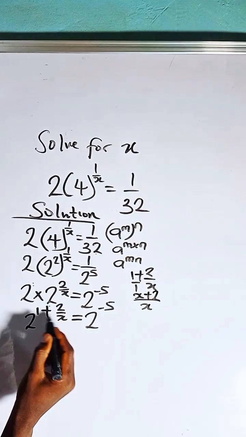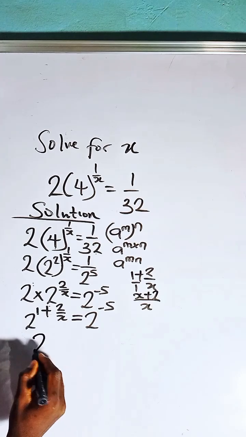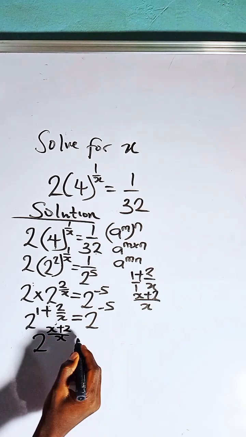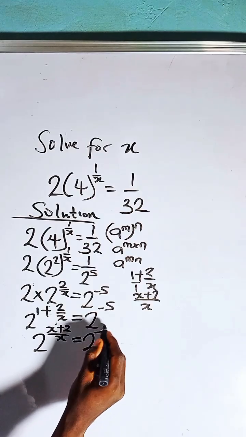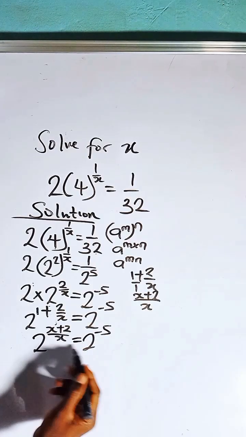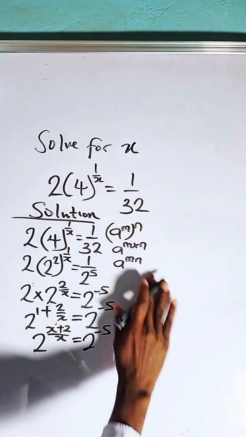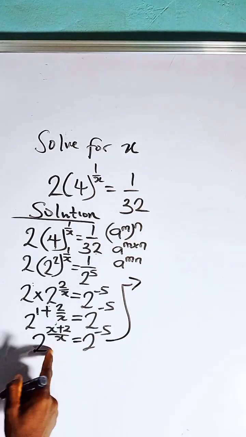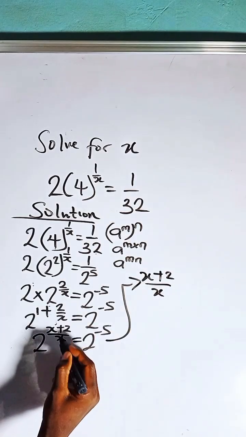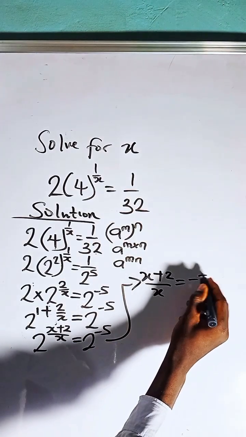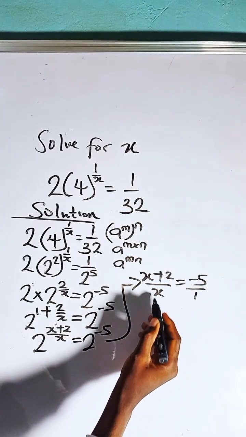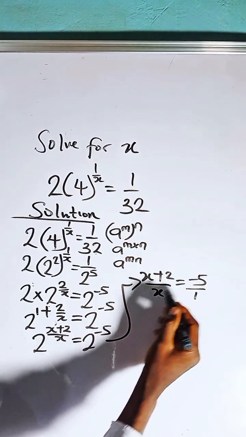When we work this out, we have 2 raised to the power x plus 2 over x, equals 2 raised to the power minus 5. Since we have the same base, we can look at the powers. So we have x plus 2 over x equals minus 5 over 1. We can cross multiply: we multiply this with this, and this with this.